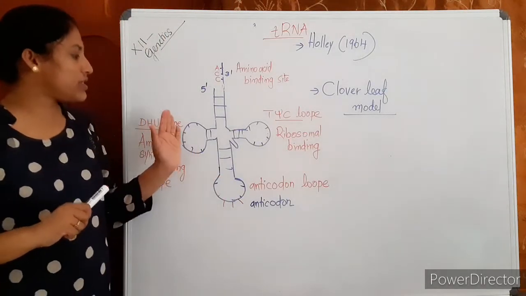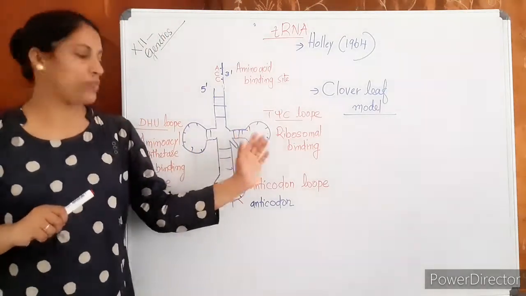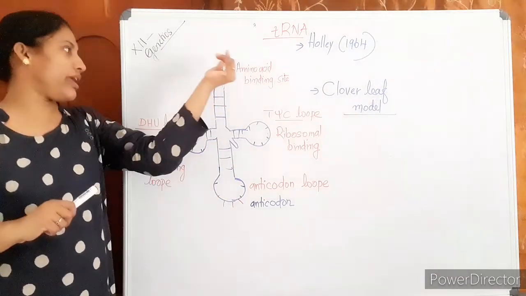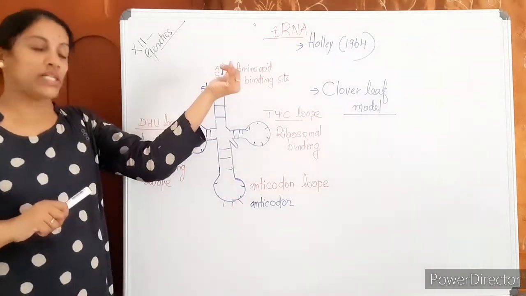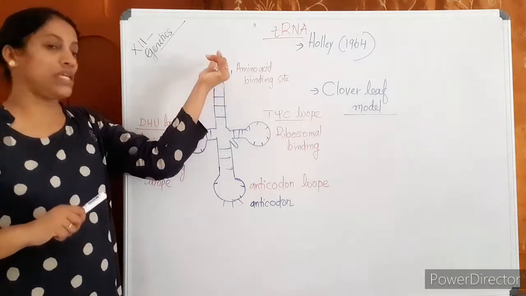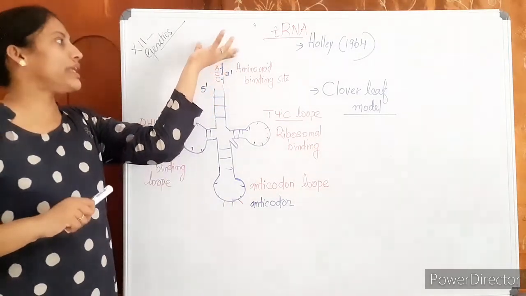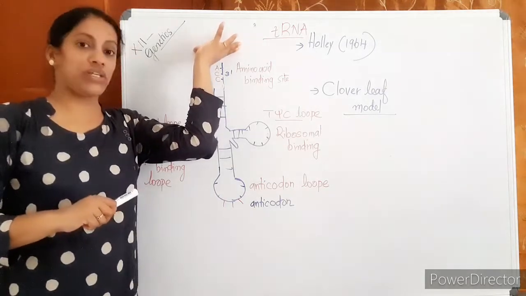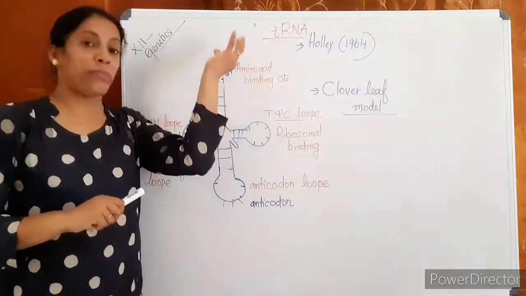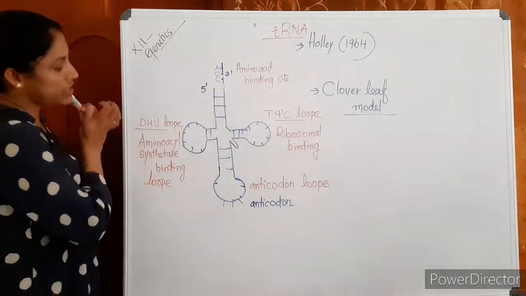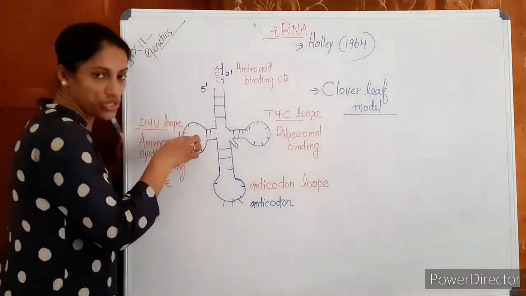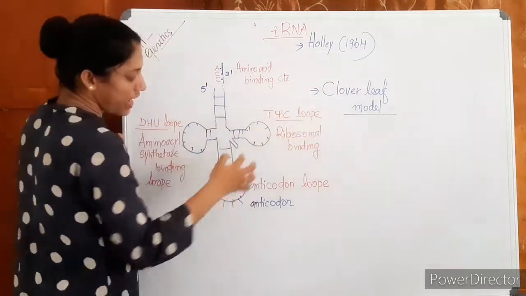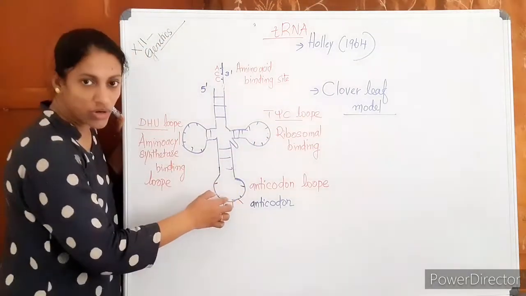This structure has 3 main loops. There is a small lump, and this is the 5' end of the RNA, and this part is the 3' end. The 3' end has the CCA sequence, and here the amino acid can be bound. This region is known as the amino acid binding site. This loop is known as the DHU loop, this loop is known as the T-psi-C loop, and this loop is known as the anticodon loop.